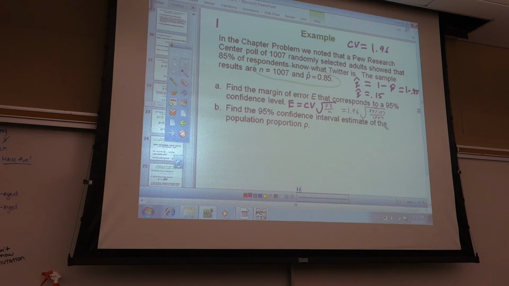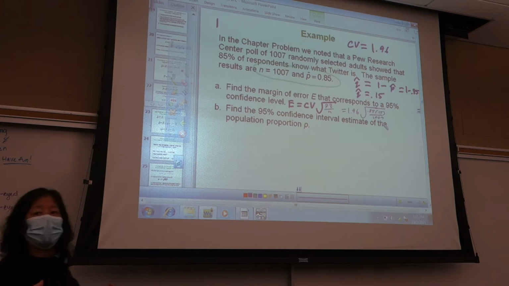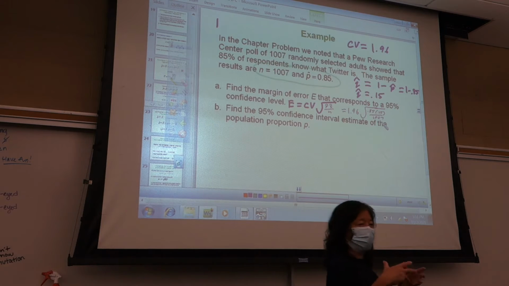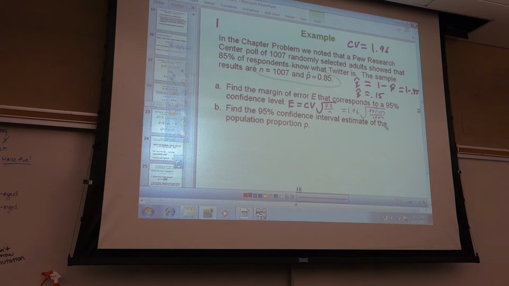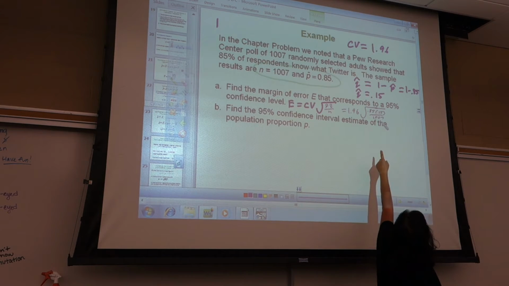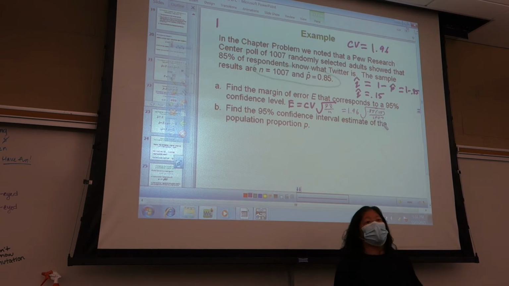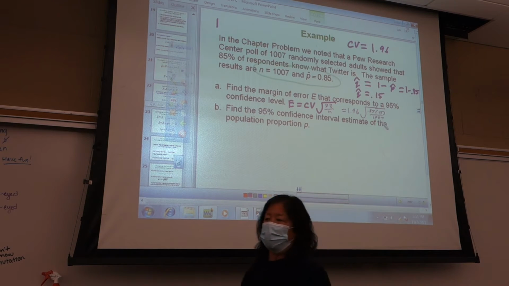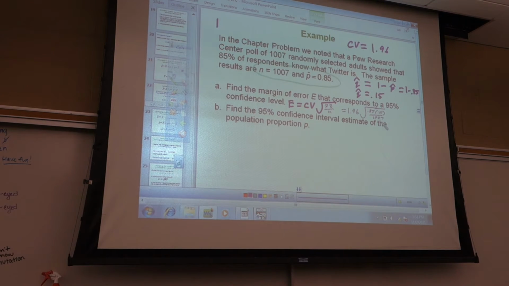Here's the deal. Find the inside first. Whenever you're evaluating an equation, start from the inside and work your way outwards. So find 0.85 times 0.15 divided by 1007 first, and then square root it. So I've written this down. I'm going to go ahead and go through this on the calculator.